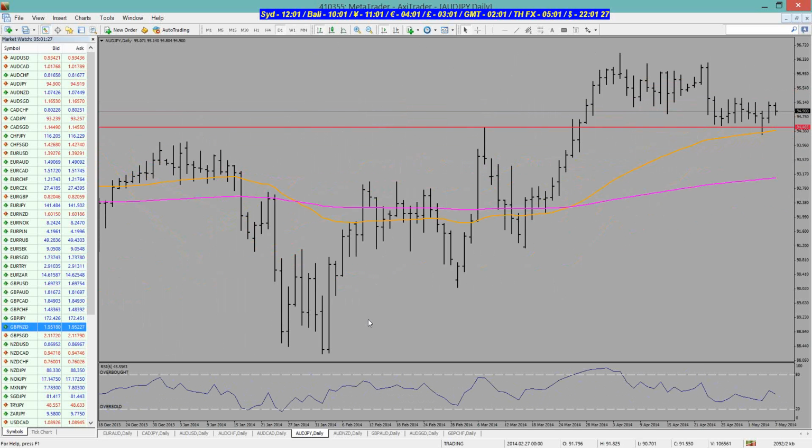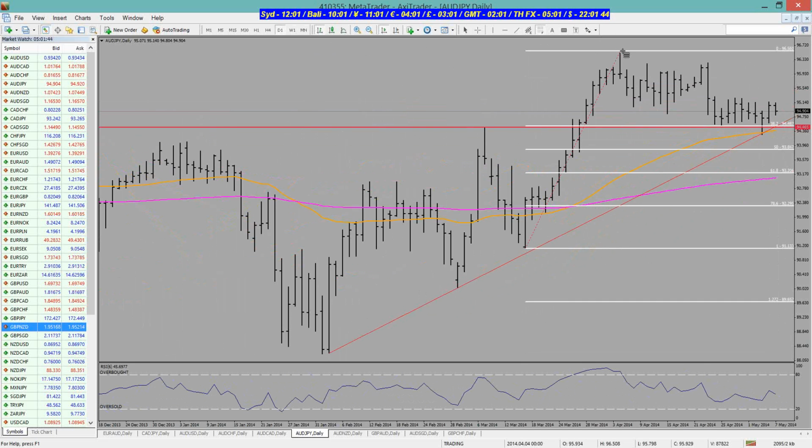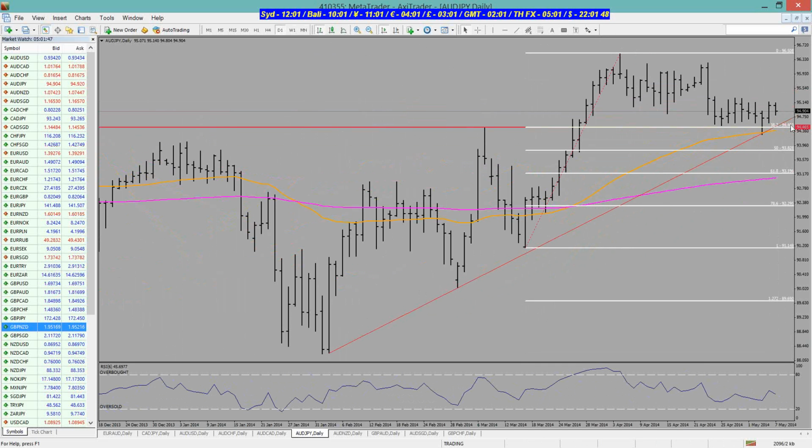Trend line. Yeah, trend line. Yep. Nice tag of that too. And Fibonacci. It's only the 382, isn't it? Which happens to, funnily enough, be that same.